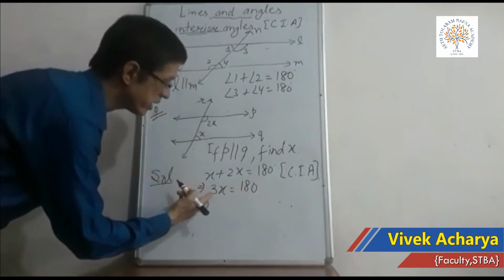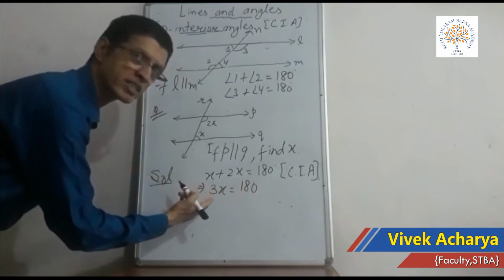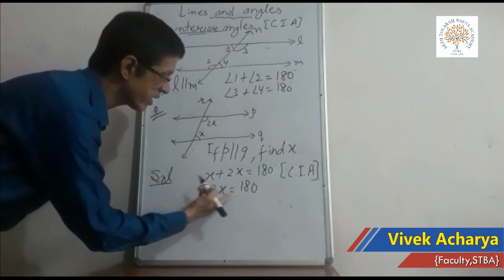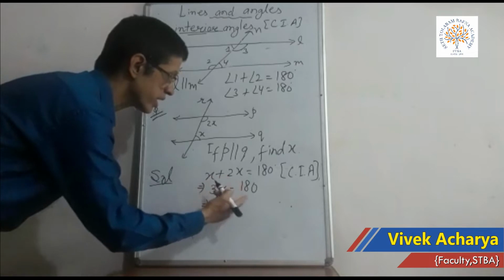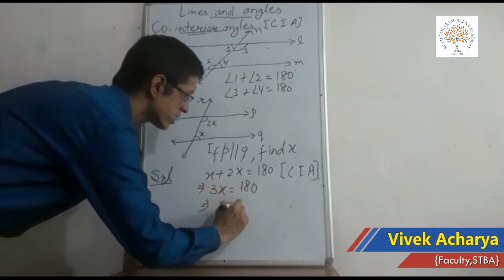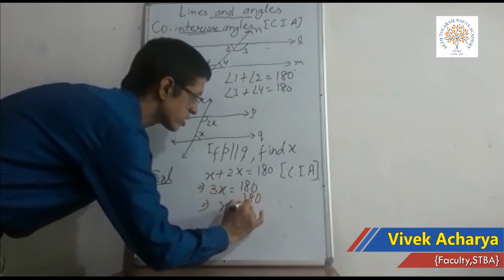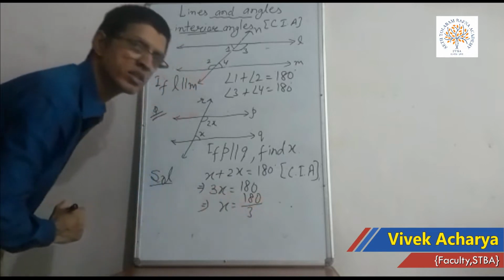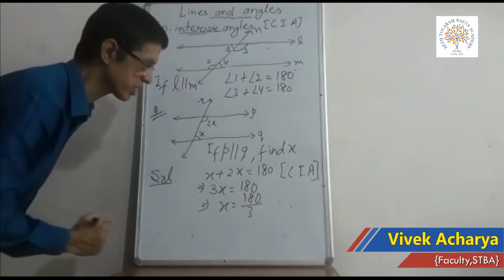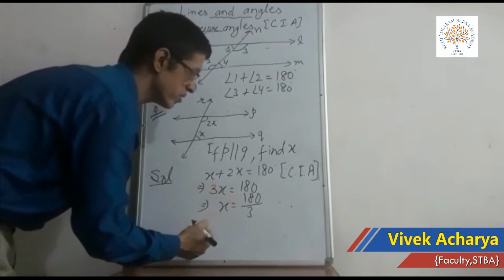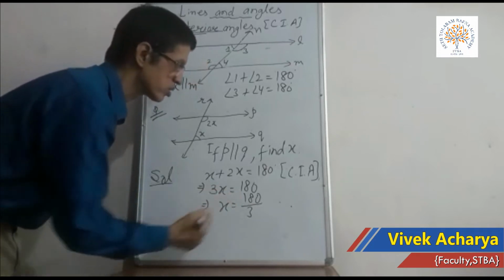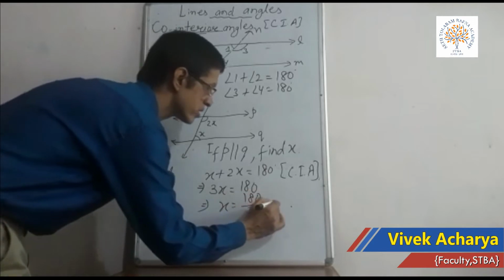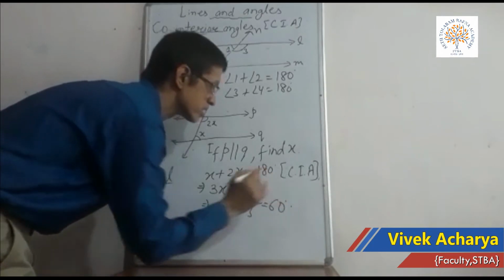Now 3X means 3 multiplied by X. So by cross multiplication, X equals 180 upon 3. 180 divided by 3 gives 60 degrees.